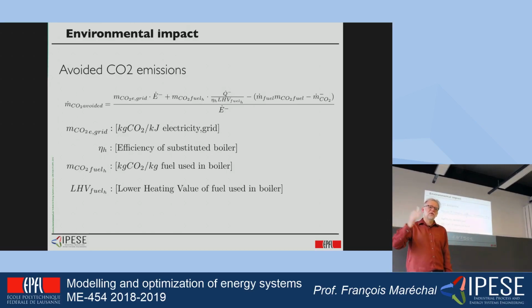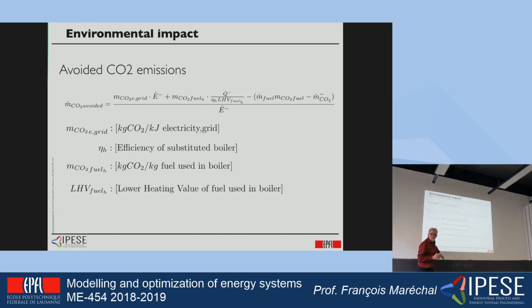Okay, at a given time. And this can be important, especially when we look at what is happening in the summer or in the winter. In the summer, there is a risk that, or the chance, that the carbon dioxide emissions related to the electricity will be quite low, while in the winter, when the coal power plants are operated in Germany, the load of carbon dioxide might be quite high.